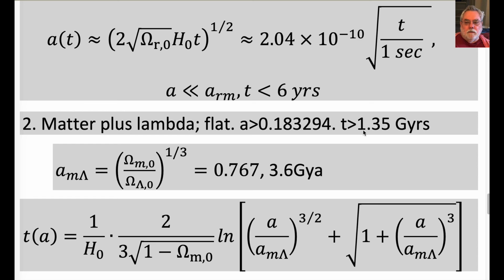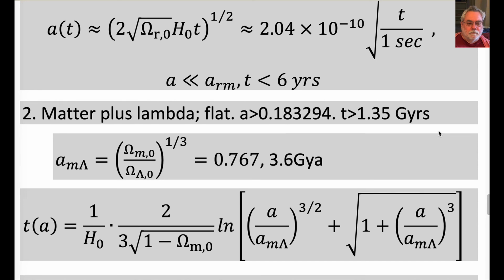In the future, matter energy density will be insignificant, and we will have exponential expansion in our big chill future, assuming constant dark energy density.